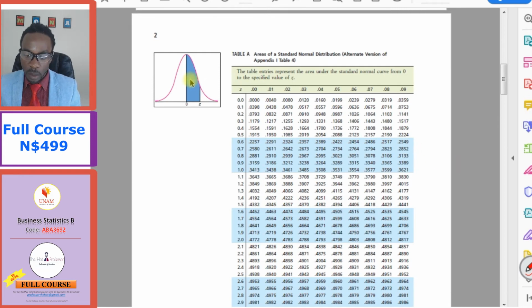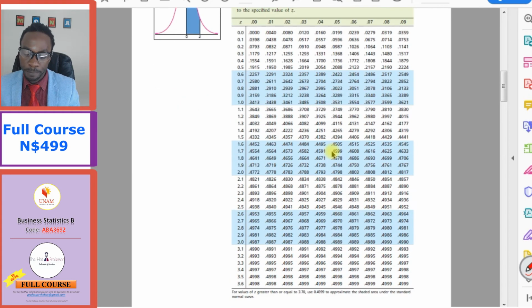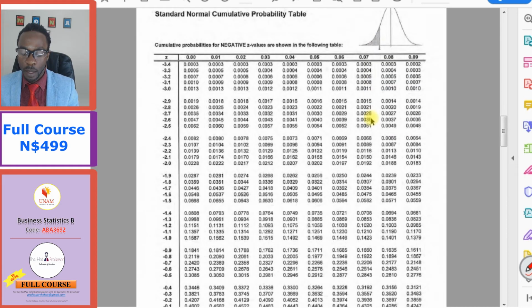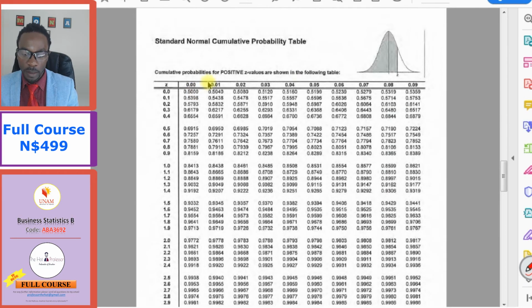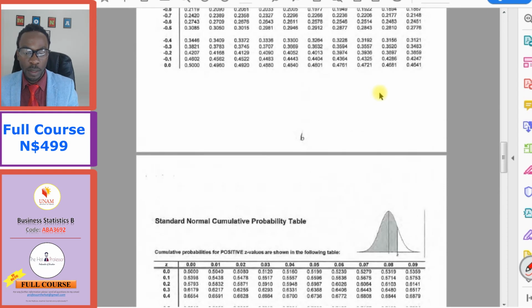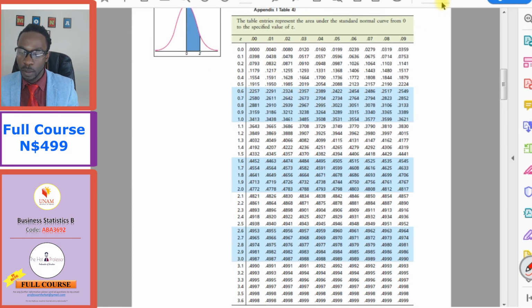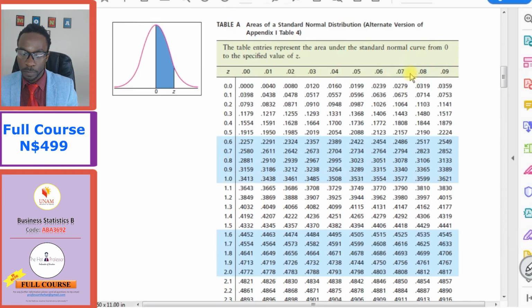There's one which shows only the portion from 0 to z. Another standard normal shows cumulative for the negative side. And another one shows cumulative but on the positive side. It doesn't matter which table we choose. UNAM usually uses this particular one, so we're going to go with this one.